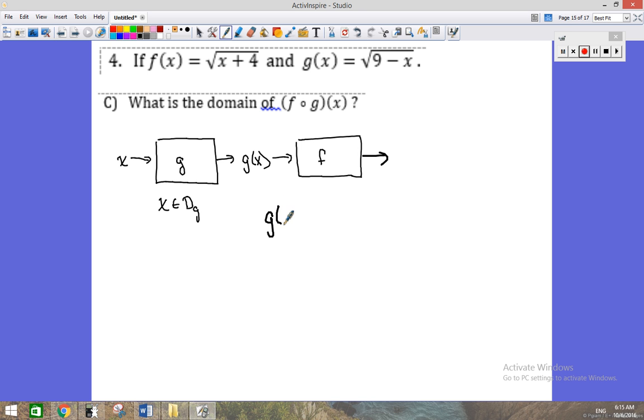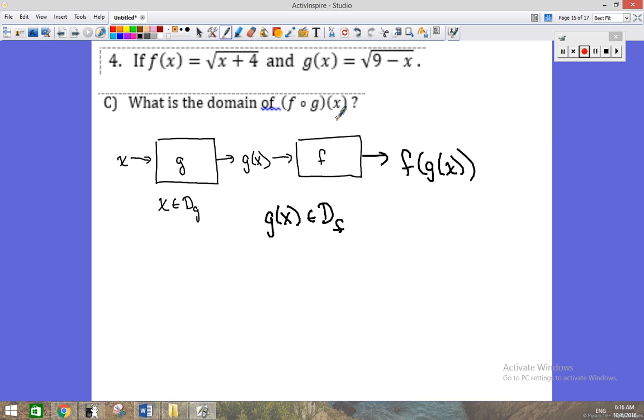G of x is the input. It has to be in the domain of F in order to produce an output. Now, the thought process is always the same, and it's consistent. It's applying that to the different problems, and some problems are easier or harder than others. Let's take a look and see what we think about this one.